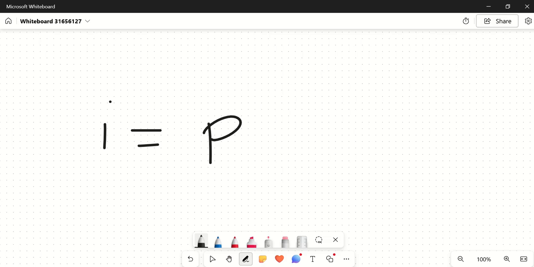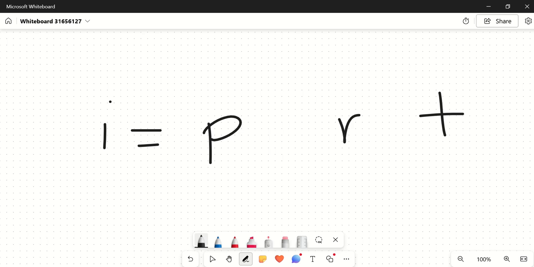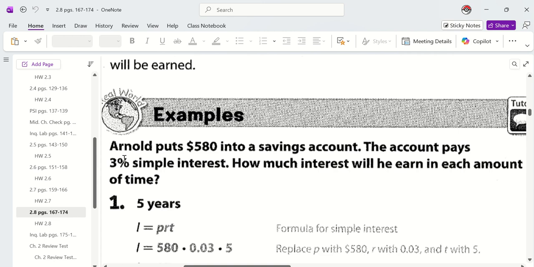PRT: principal, rate, and time. He is depositing how much money, ladies and gentlemen? $580. That's our principal. So he's depositing $580 into an account that will pay 3% simple interest per year.